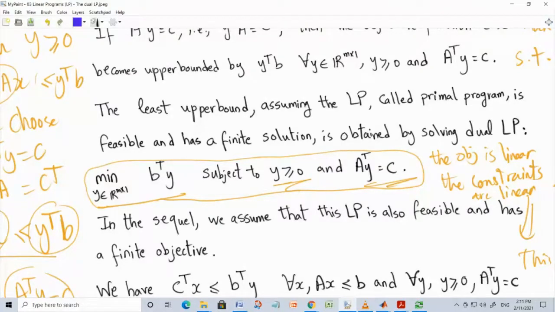Infeasible means that there is no vector satisfying the constraints. You cannot find any vector satisfying all the constraints of the problem. This is called an infeasible optimization problem. So let's now suppose that both linear programs are feasible.